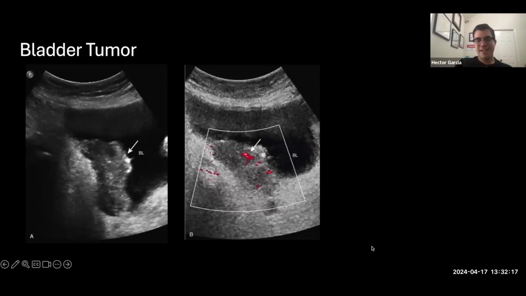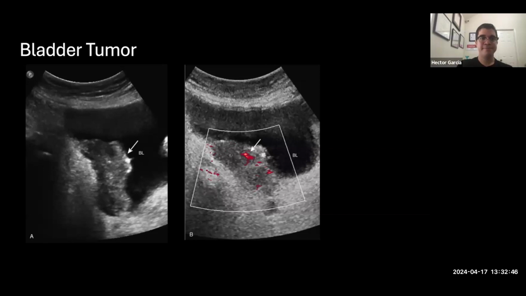It is not as high yield, but sometimes it makes its way to exams. Failure of the urachus to involute gives rise to an adenocarcinoma of the bladder, whereas in the previous ones, smoking, aniline dye, cyclophosphamide, ifosfamide, and Schistosoma haematobium, they all lead to a squamous cell carcinoma of the bladder.